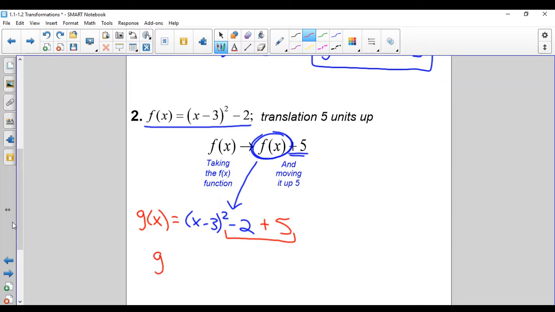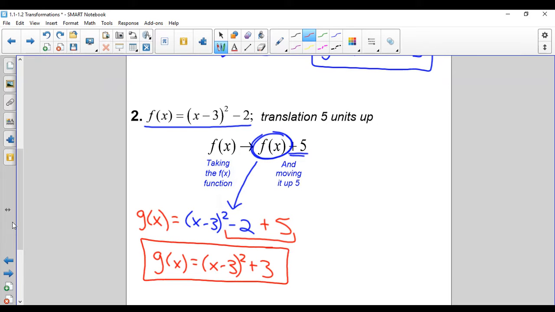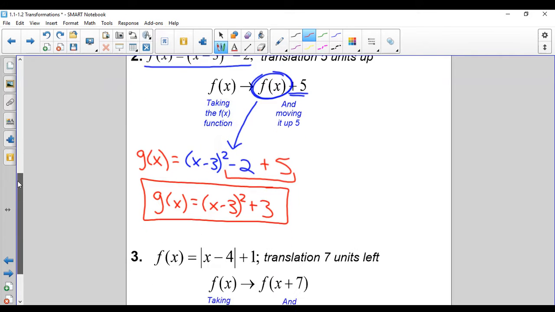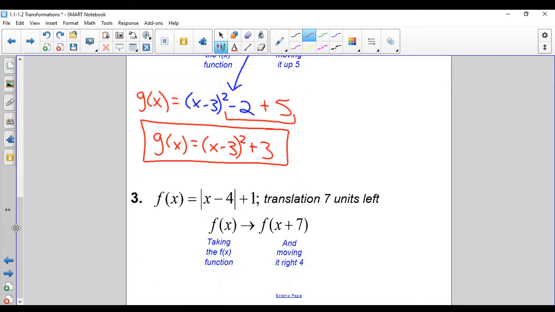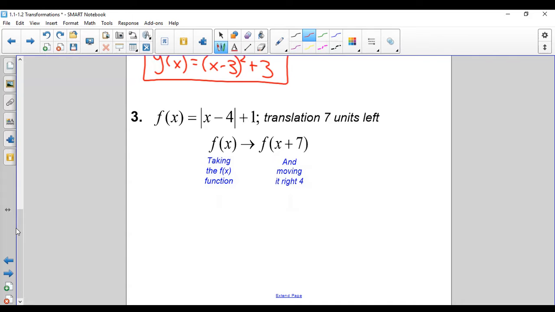Combine those two terms is all we're able to do. We get x minus 3 squared plus 3. And there's our new g function. That's it. The hard part is getting it set up correctly. We'll focus a lot more on this in class all week next week, or this week rather.